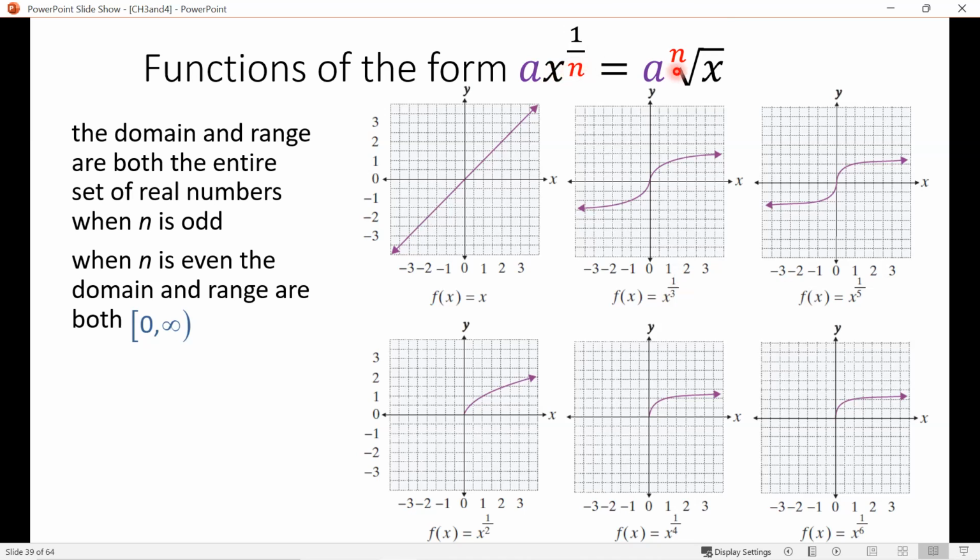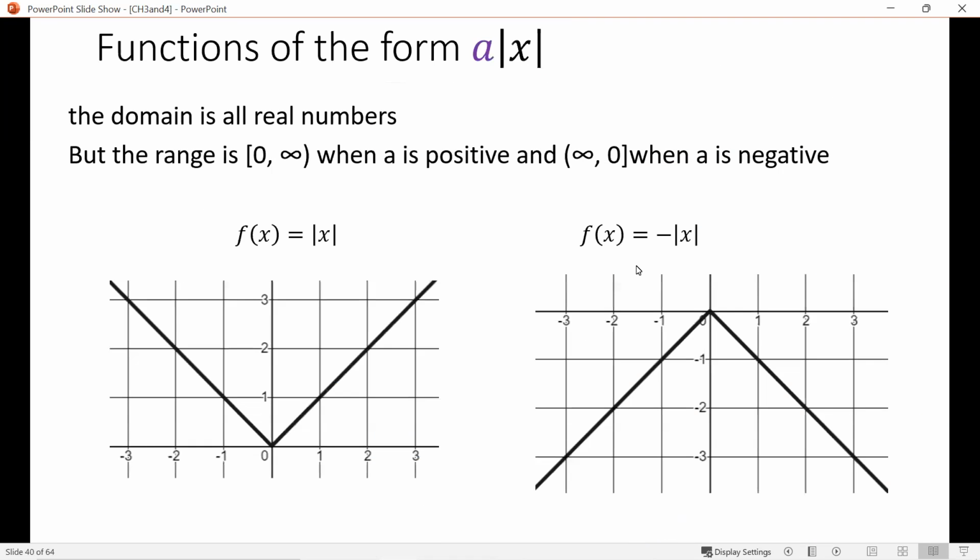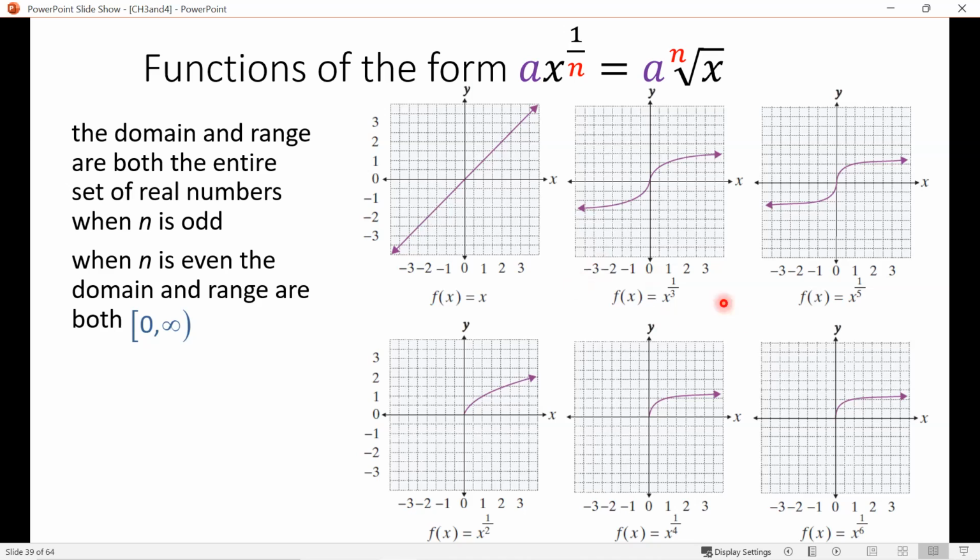The denominator of the exponent is the same as the index of our radical, depending on how you want to represent your function. As that index gets larger, our function just grows more tightly. And again, if the exponent is even, then it cuts our domain and range in half.